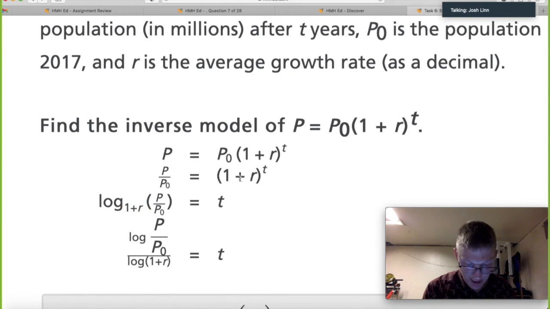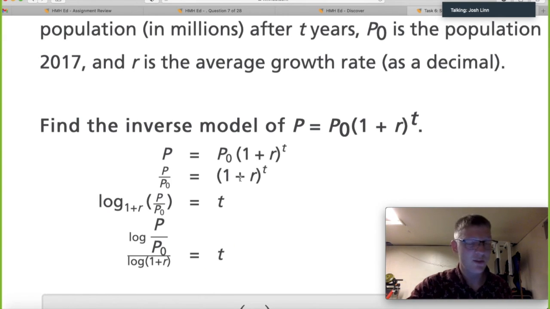So we need to change the base of this, and the way we do that is, again, log base of our new base, we're going to say log base 10, or common log of our thing right here, which is p over p naught, over our common log of 1 plus r. So at that point, we can plug stuff in for all these numbers, and we can get a number.